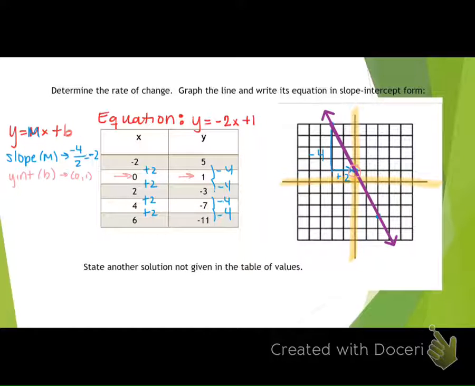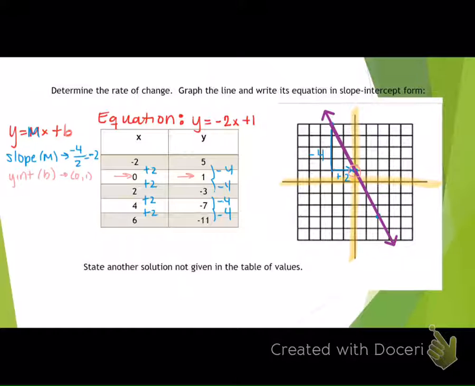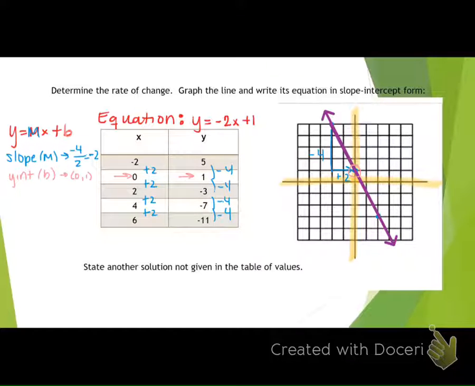Okay, so state another solution not given in the table of values. So give me a solution, Zach, that isn't in that table. So you can't tell me negative 2, 5, 0, 1, 2, negative 4, 3, 4, negative 7, or 6, negative 11. It has to be something that is not in that table.